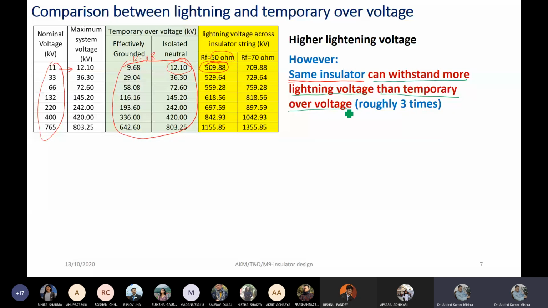What does it mean? I have told you that how much voltage any insulator can withstand without failure depends not only on the magnitude of the voltage, but also on how long that voltage appears across the insulator. We have also discussed that lightning overvoltage appears for very small times, in the order of microseconds.